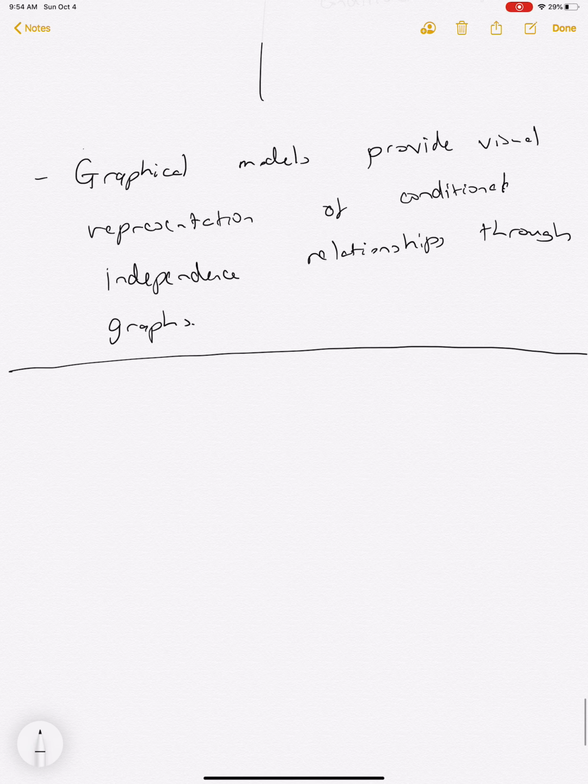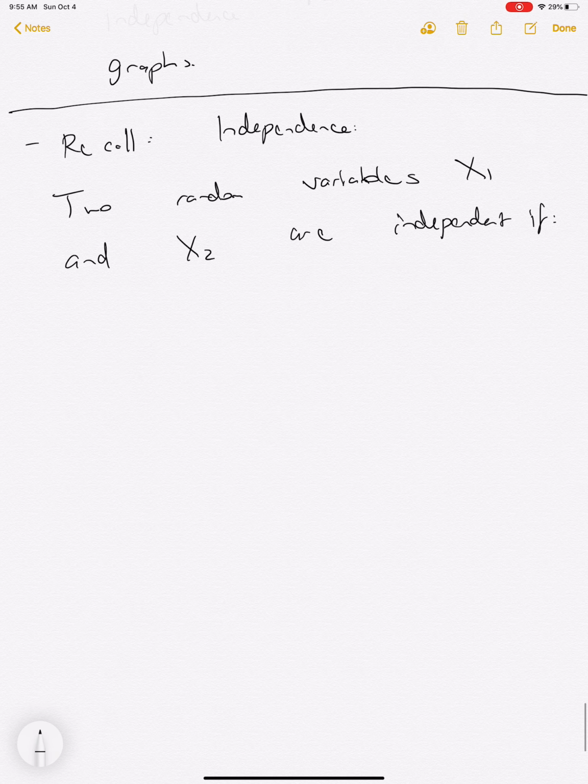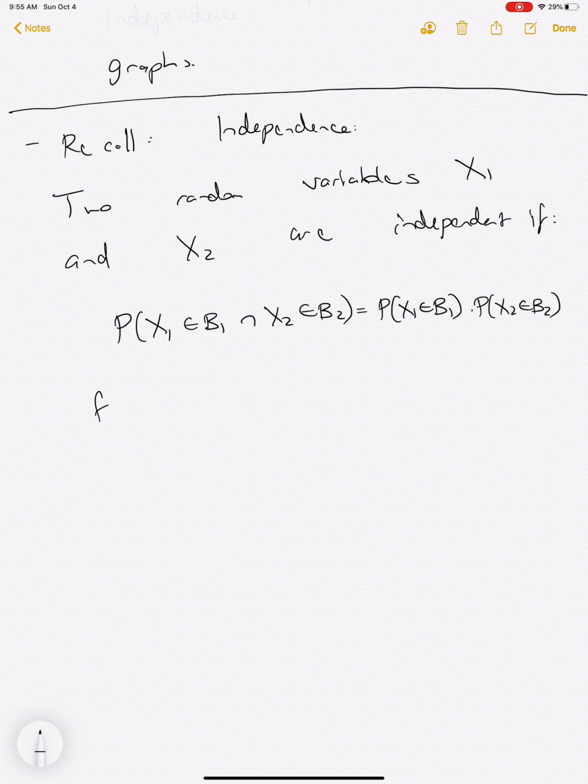Okay, so just recall independence. Two random variables, x1 and x2, are independent if... and this is for any sets B1 and B2.